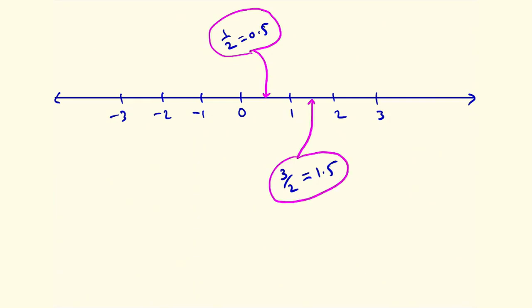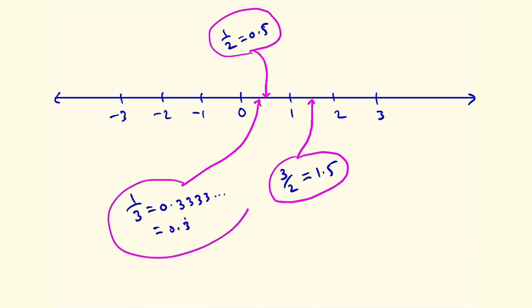Now if we go, say, a third of the way between 0 and 1, somewhere like here, we have the number 1/3. And if you divide 3 into 1, repeatedly you just get lots and lots of 3's that go on forever. We say 1/3 is 0.3 repeated. If we look close to 1, there's a number here, say 6/7.